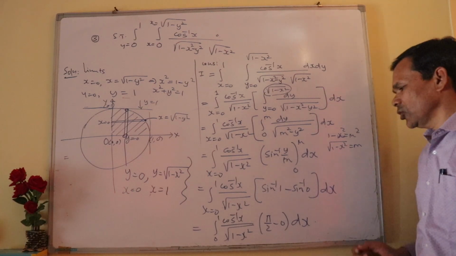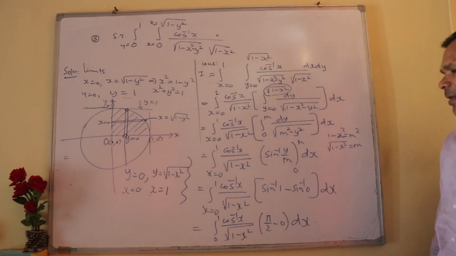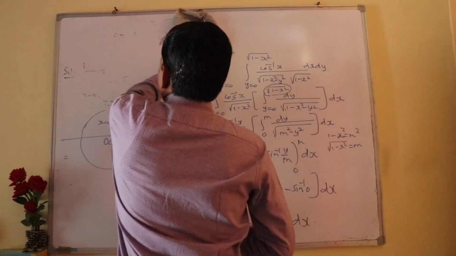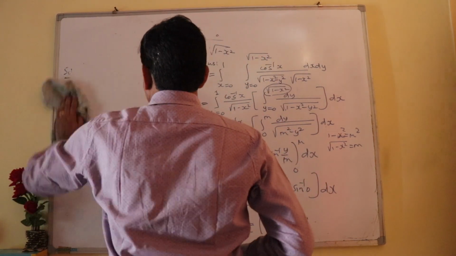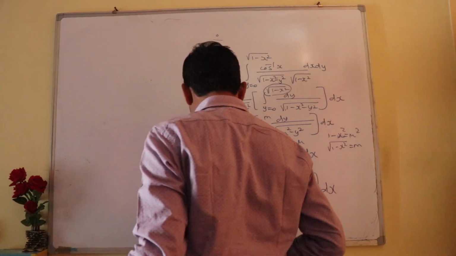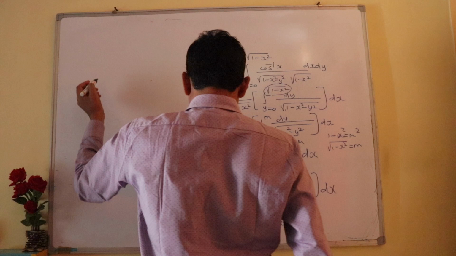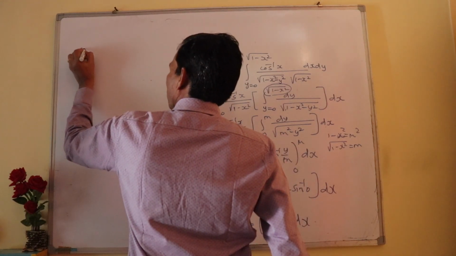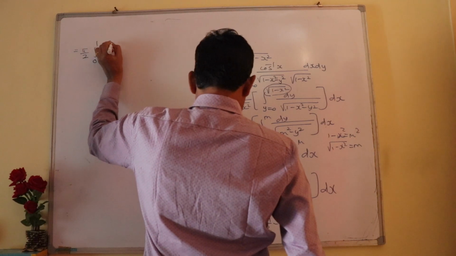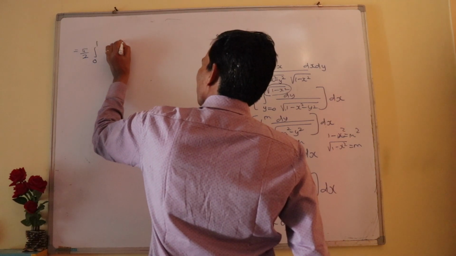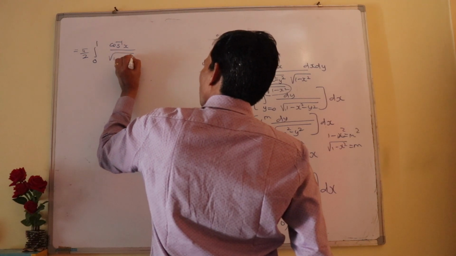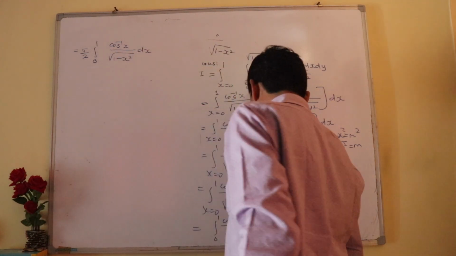Now we have to integrate this. The next step to integrate and get the final answer would be something like this. This is pi by 2, 0 to 1, cos inverse x divided by root of 1 minus x square into dx.